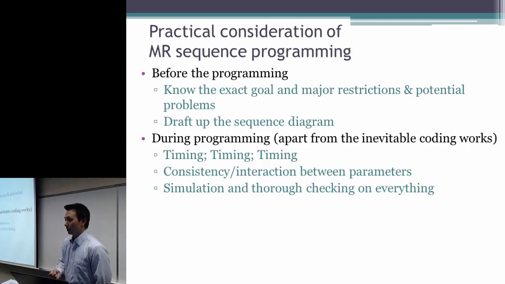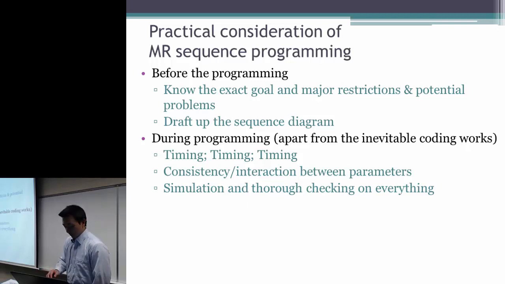So you have to be specific about each component's starting time and duration, as precise as 10 microseconds. You also need to consider the consistency and interaction between different parameters. As we mentioned before, if you change the bandwidth of the readout, you also change the duration of the readout, which in turn affects the minimum TE and minimum TR available.